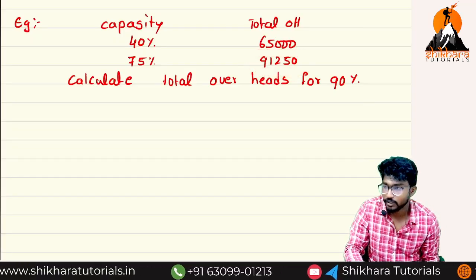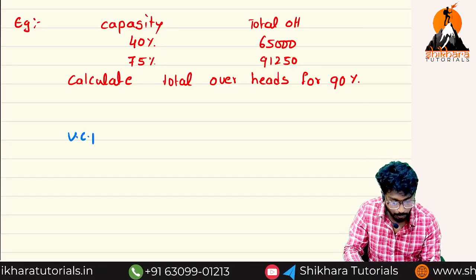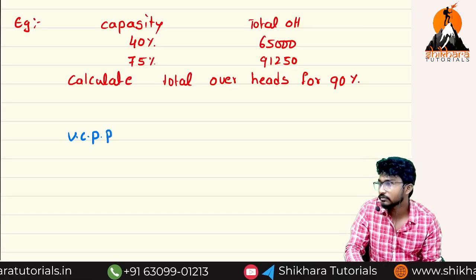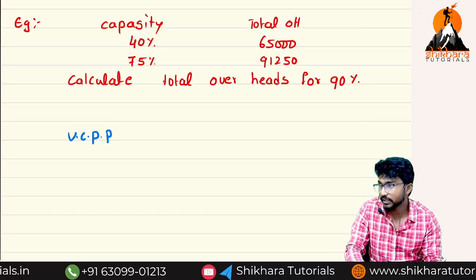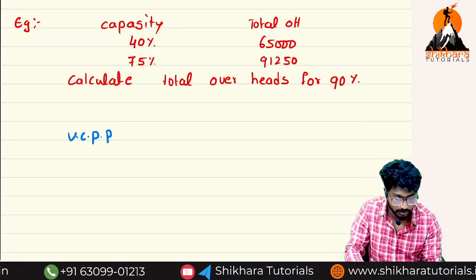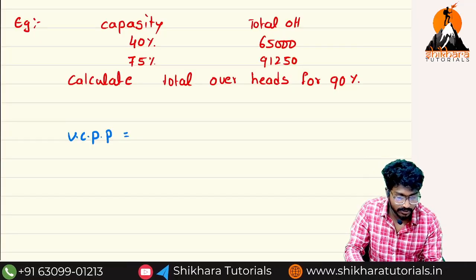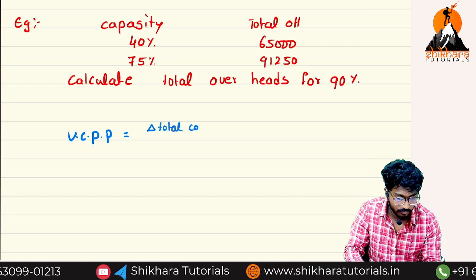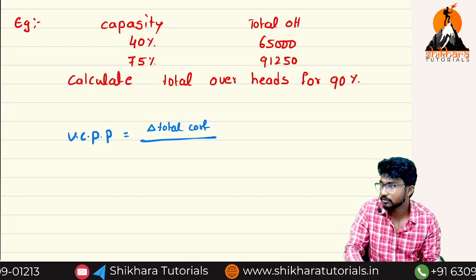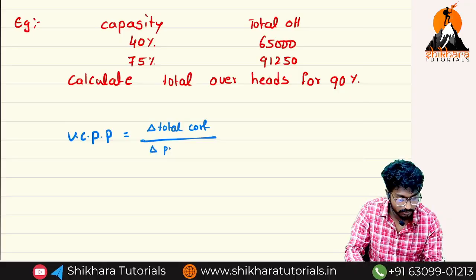Now what is the formula? Same formula, variable cost per percent. Here the given data is in percentage. Variable cost per percent is equal to change in total cost divided by change in percentage.